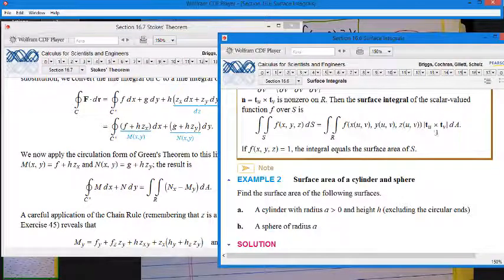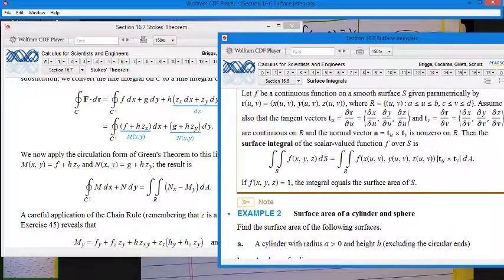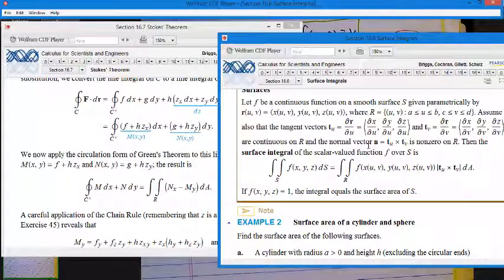They're going to do tu cross tv, but that's the same as what I wrote down for n, the normal vector.